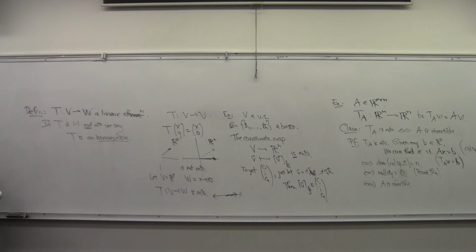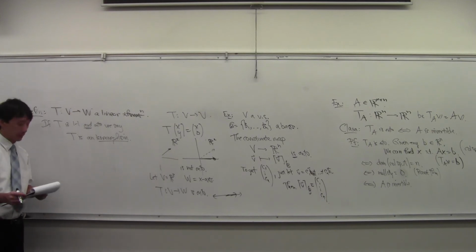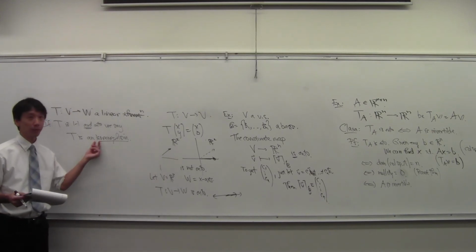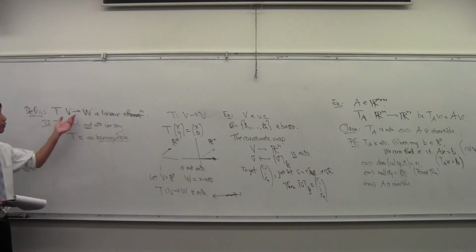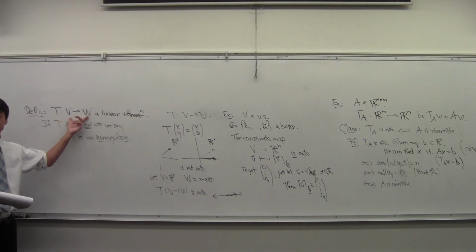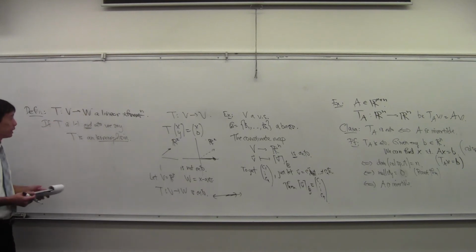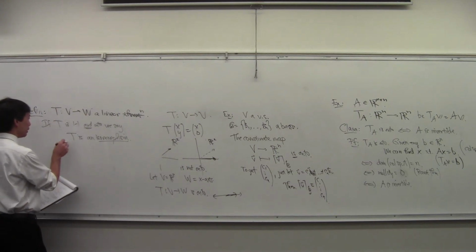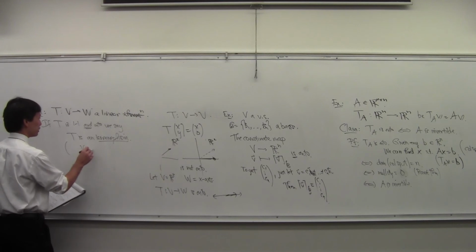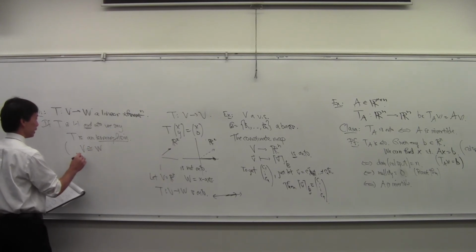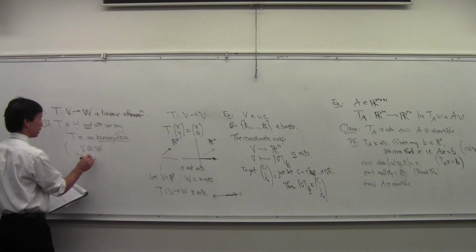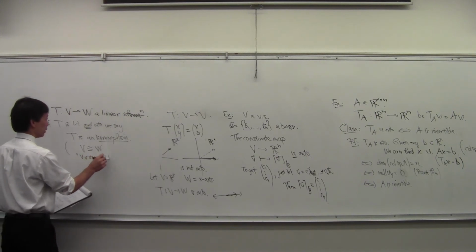Iso means same, morph means the form. So what it's saying is that these two vector spaces are basically the same. And what you write is that V is isomorphic to W.